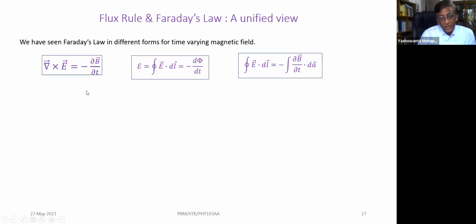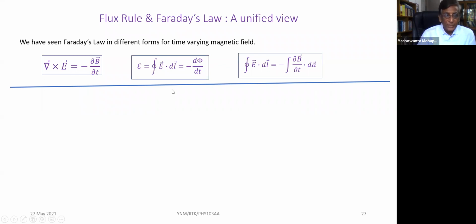All right. But we also have the EMF generated by the motional EMF in a magnetic field, where even if the magnetic field is not changing, if there is a motion of the circuit, and that we attributed to the Lorentz force.